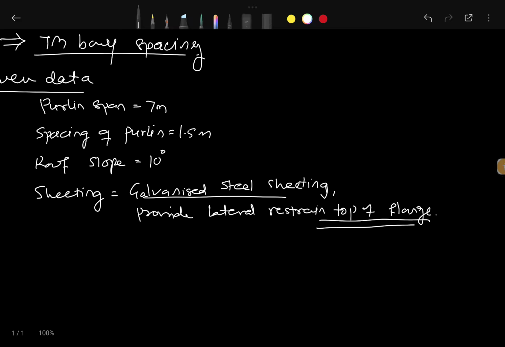Next point, location. Here we assume the location where the wind speed is moderate, okay, and very low load is considered.